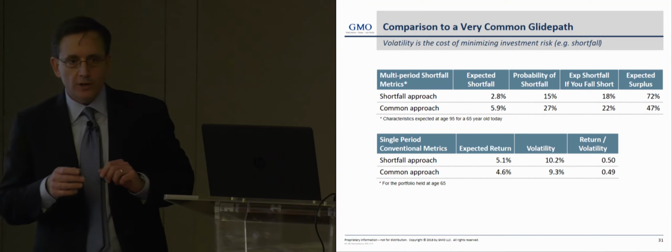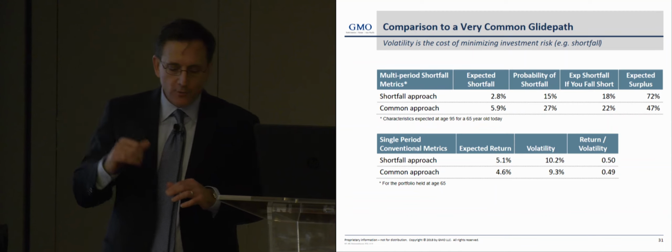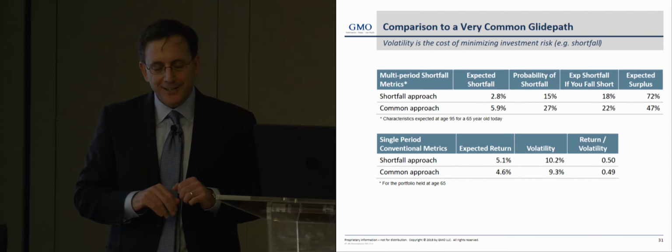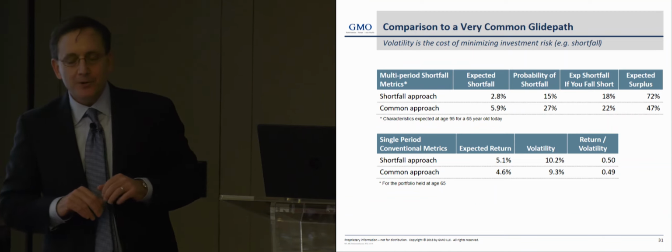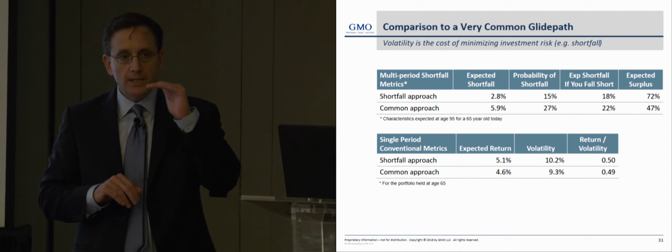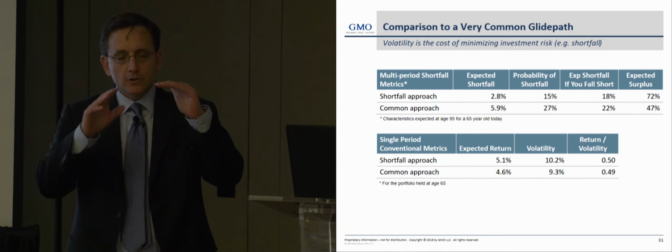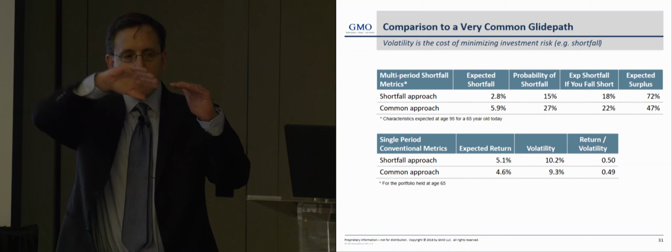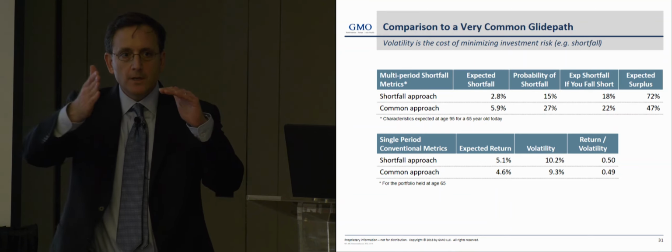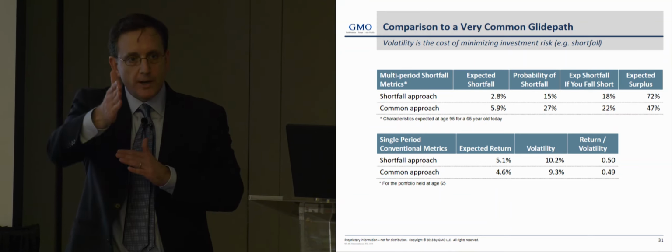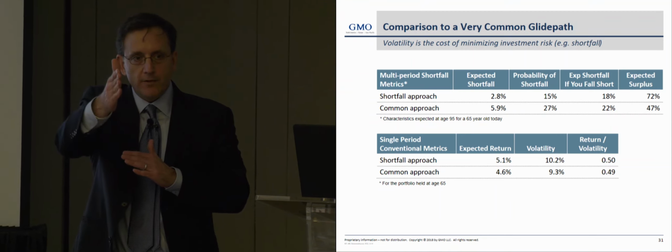I'll try to say it in words, and there's a formula in the appendix, but I'm going to try not to go there. So, the expected shortfall. You remember we have a distribution of outcomes. You pick your target, say it's at some level.